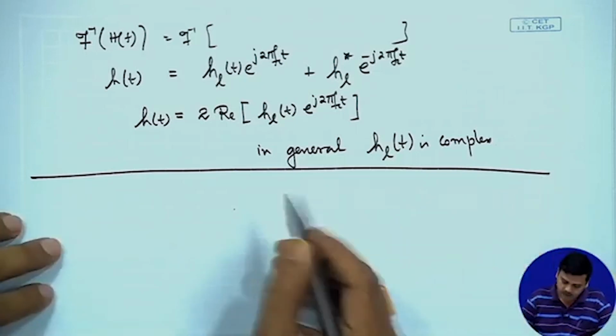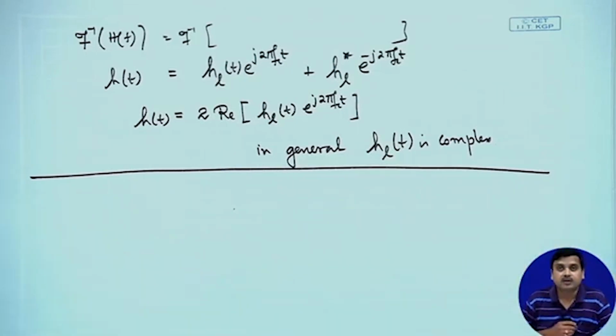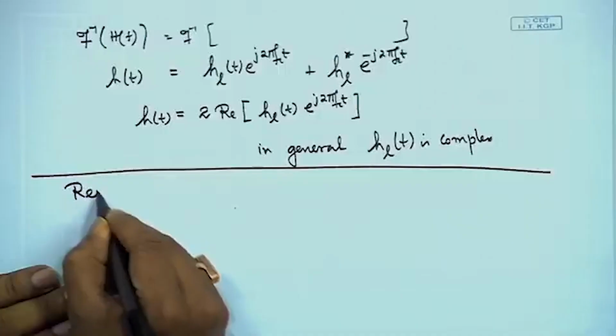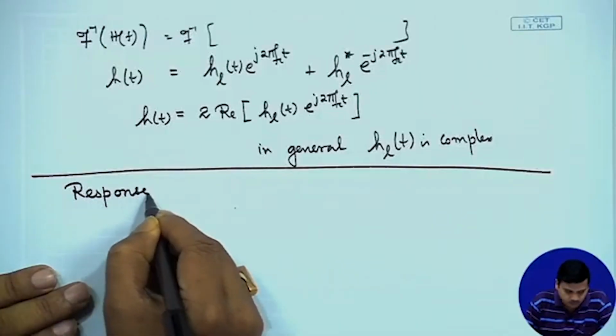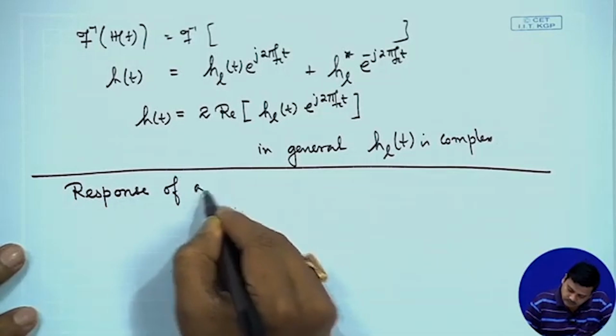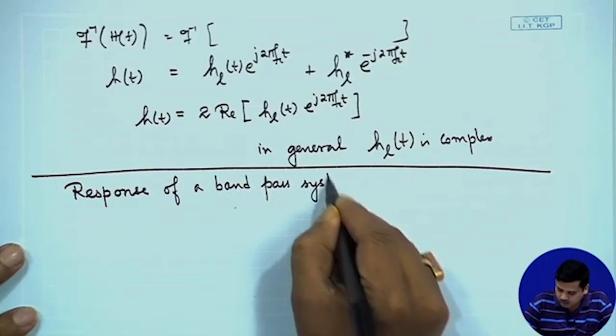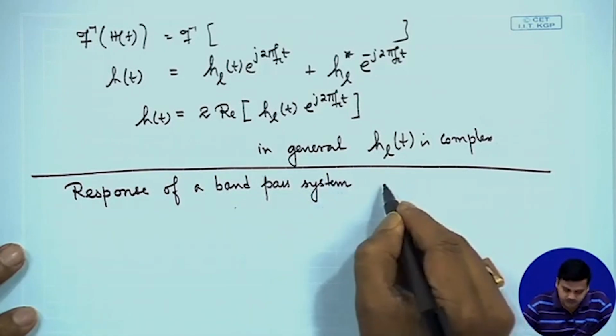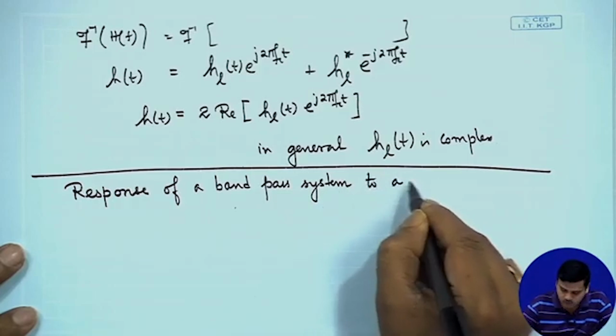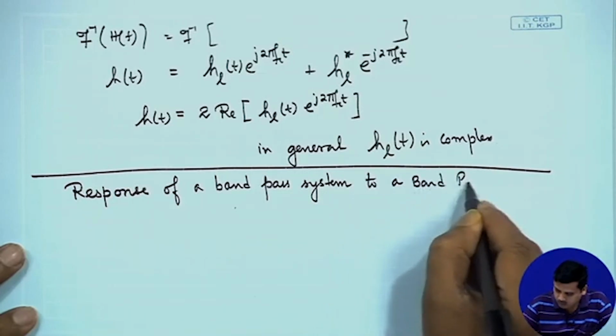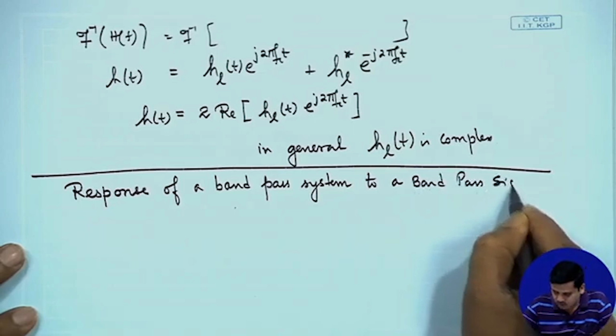So, now since we have seen signal, we have seen system, what do we need now? We have a signal with us, we have representation of the system. So, the next very important thing that we require is the response of a band pass system to a band pass signal.